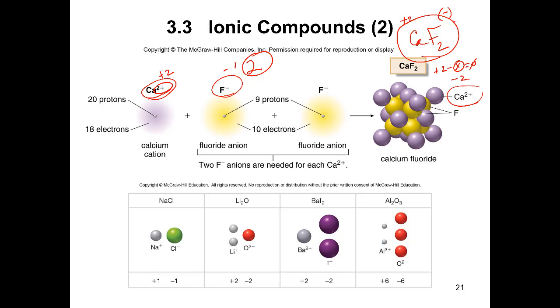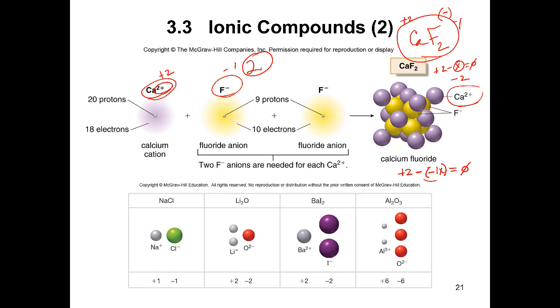Well, if I've got a -1 here, I'm going to have a -1 times 2. So you can write this mathematically if it helps you to think about it, that the +2 of the calcium minus the -1x is going to give me 0.